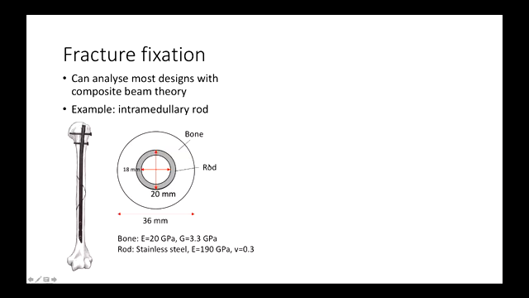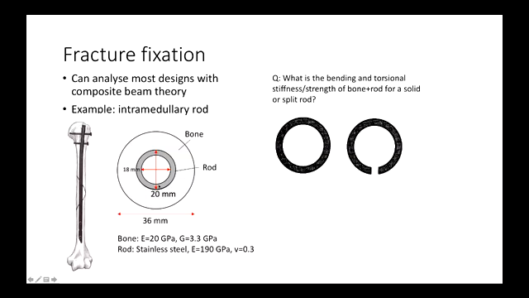So this bone, a humerus, I think, has a rod placed through the middle to stabilise this fracture. If you look at the cross-section, you have in the centre the intramedullary cavity where there's no bone, then you have your rod, then you have the bone on the outside.